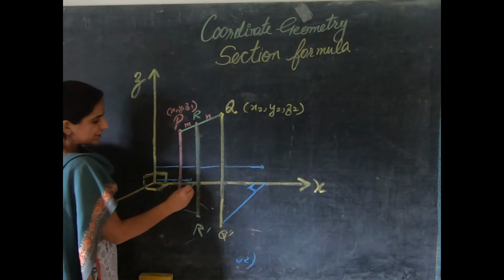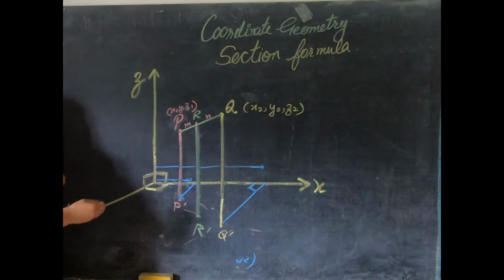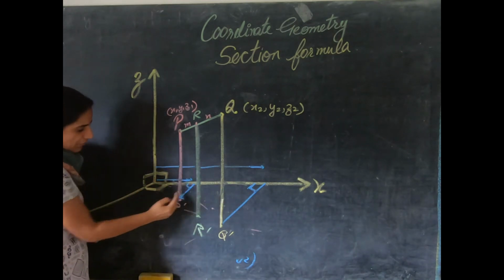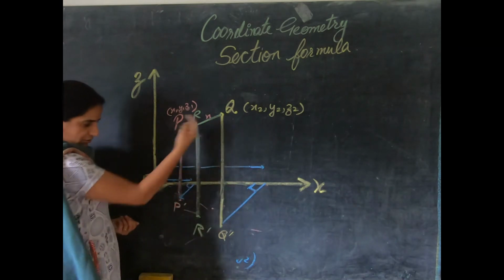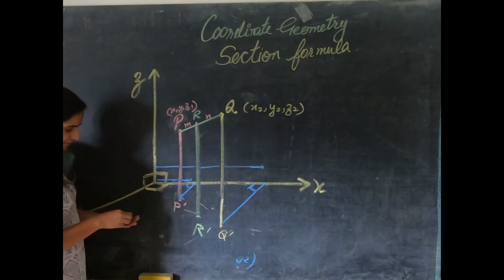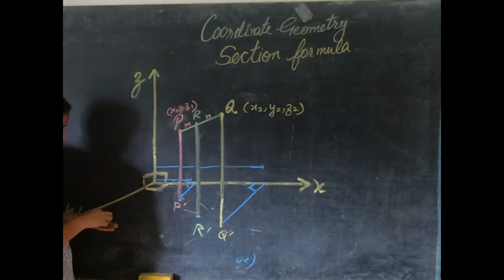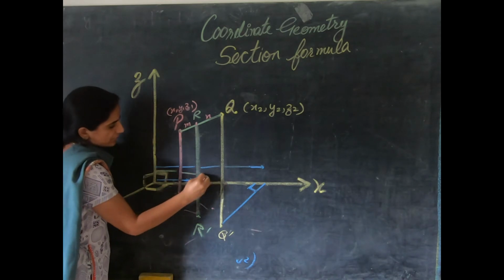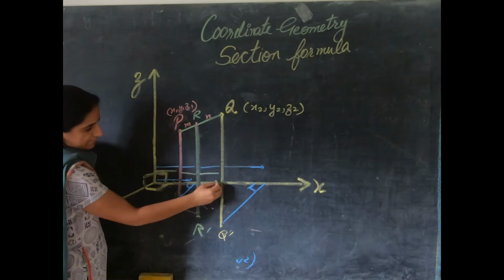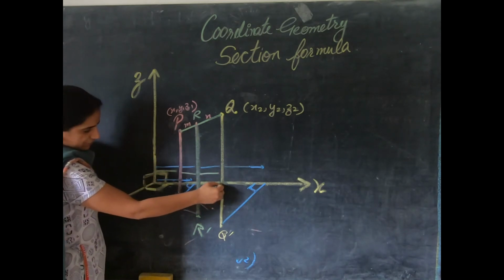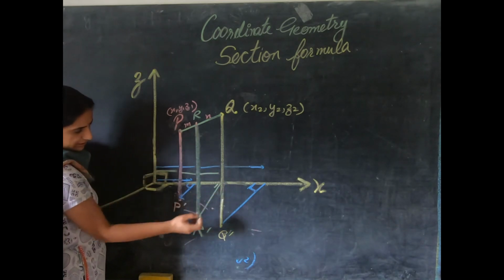So to reach here, we have to follow this pattern, and here also. So to reach this point also, how do we have to move? Just like this only. Traveling this will reach here, and then from there we have to reach here.